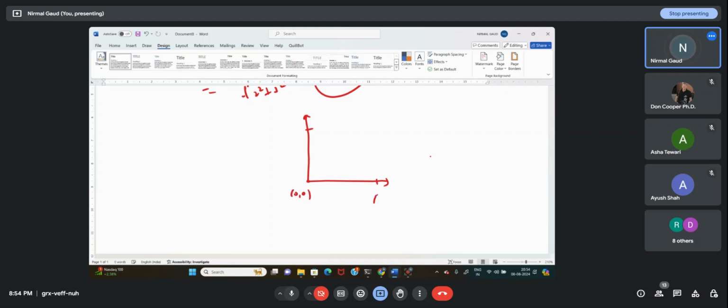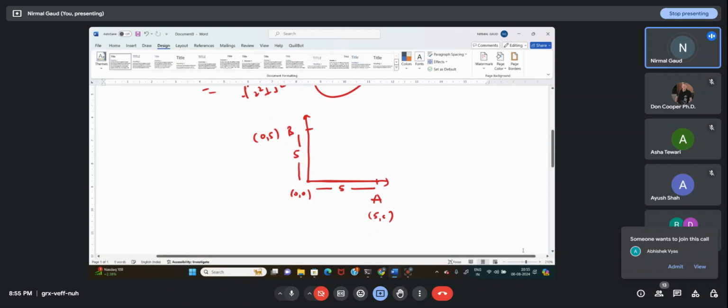These are the 2 points, this is A and this is B. This coordinate is 0, comma 5 and this coordinate is 5 comma 0. So it's quite clear that the distance here is 5 and the distance here is also 5.